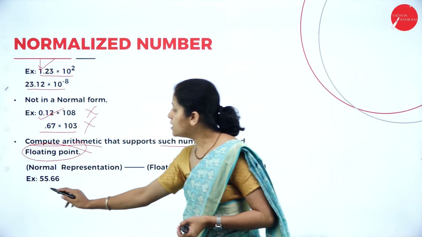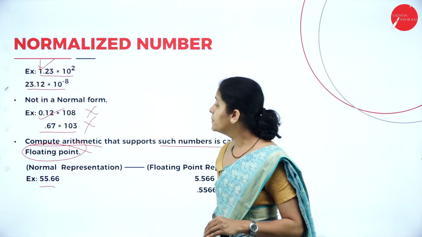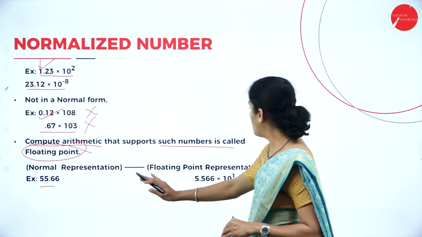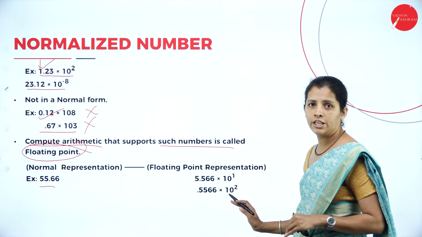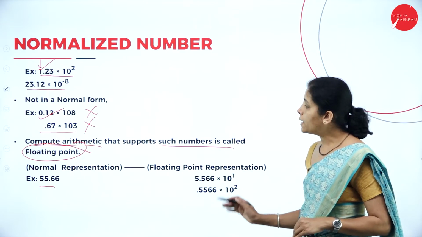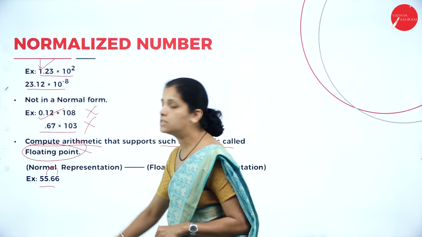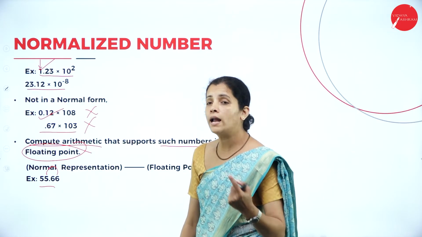Now, this is the normal number. Think that I have some normal number, say 55.66. Now, I want to convert that into floating point representation. So what am I going to do? I'm going to shift this 5 towards the right. How many digits am I going to shift? 1 digit.